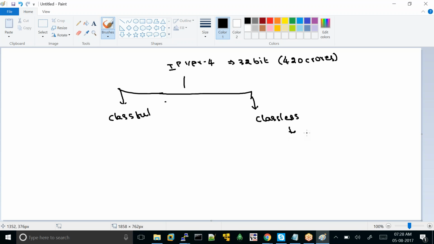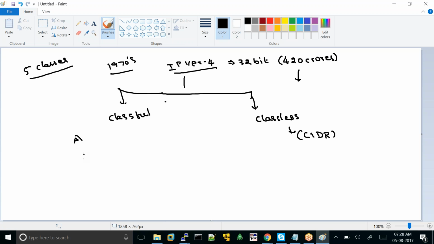We call the classless scheme CIDR, Classless Inter-Domain Routing. In the classful scheme, initially at the time of the invention of internetworking, around the 1970s, they divided the IP address into 5 classes, based upon utilization and organizational need. For IP version 4, the total of 420 crores of addresses has been split into 5 classes.